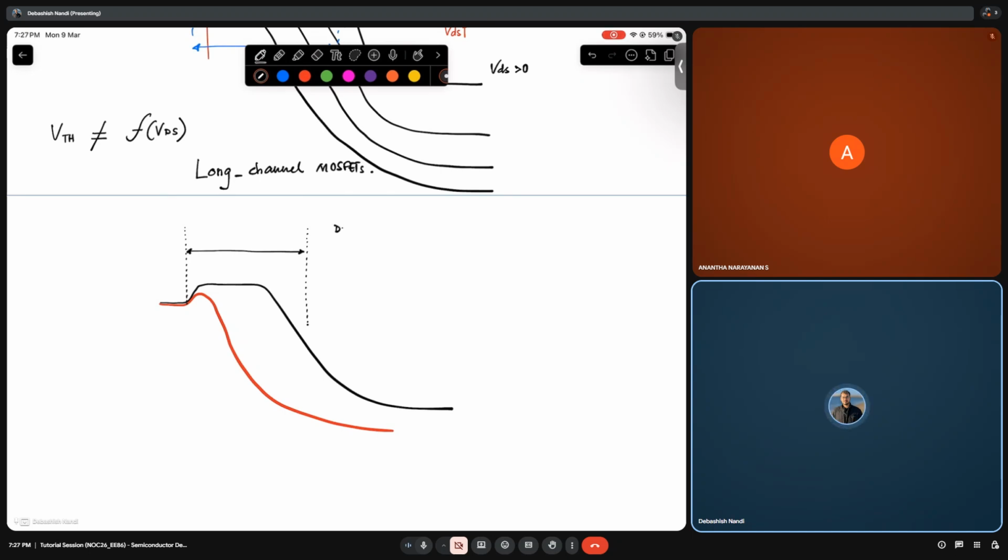So this is drain. This is source. This is channel. And there will be oxide here. But in another case, I have a short channel device where my drain is at this location.